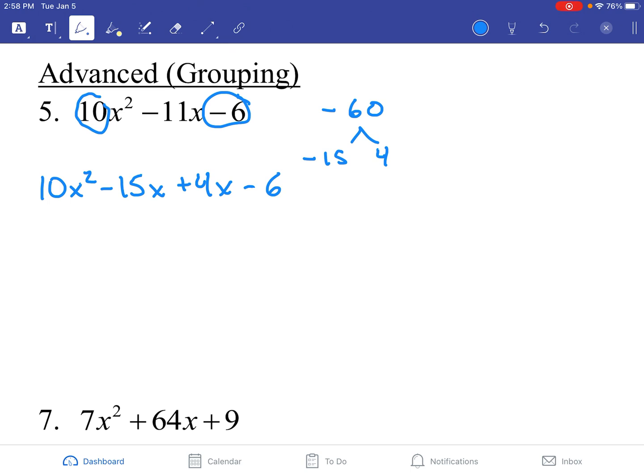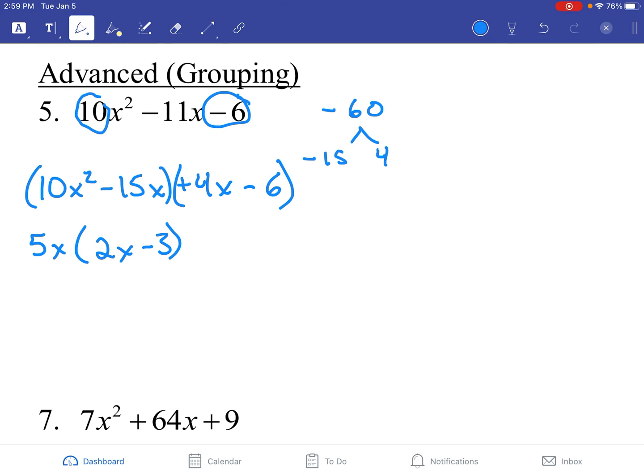Okay, so now, since it's called grouping, we're going to group the first 2 terms and the last 2 terms together. Now that they're grouped, we're going to take out the greatest common factor out of each set of parentheses. The greatest common factor is the biggest piece that you can take out of the terms at the same time. So 10 and 15 both share a 5, and x squared and x both share an x. We're going to take out a 5x out of the first set of parentheses, which will leave us with 2x minus 3.